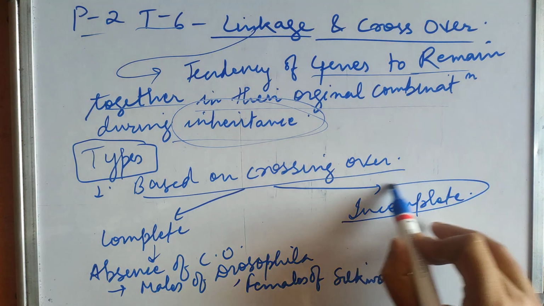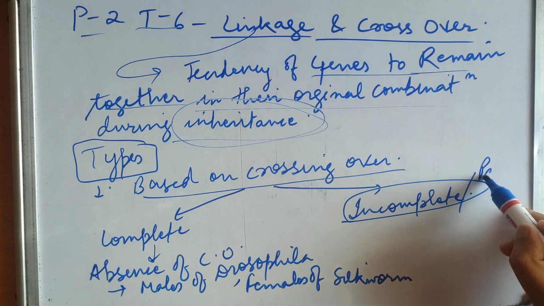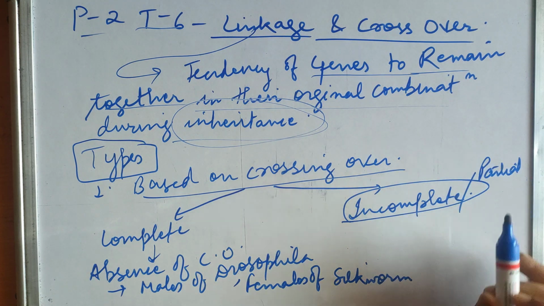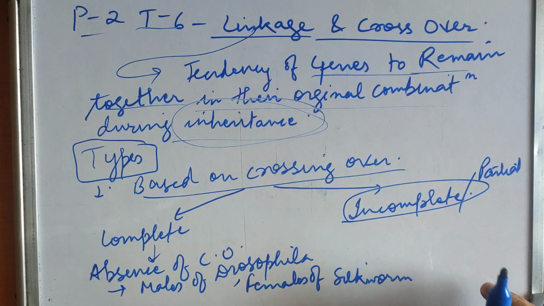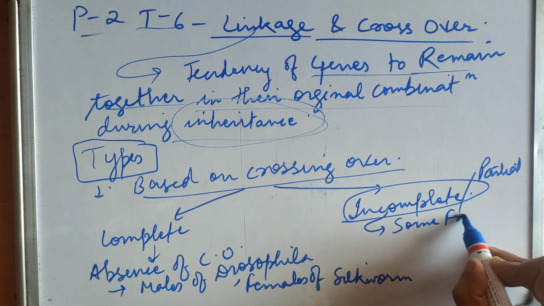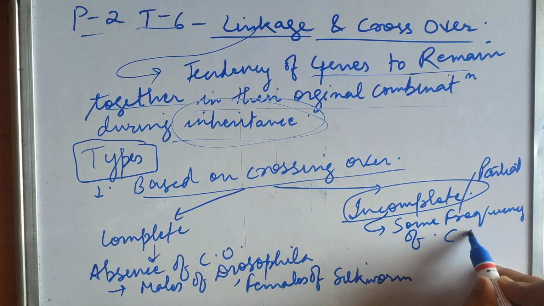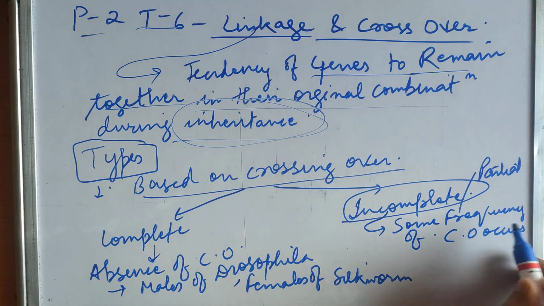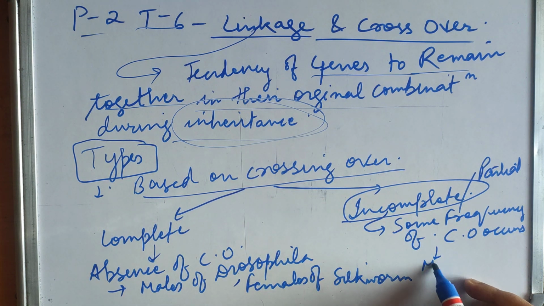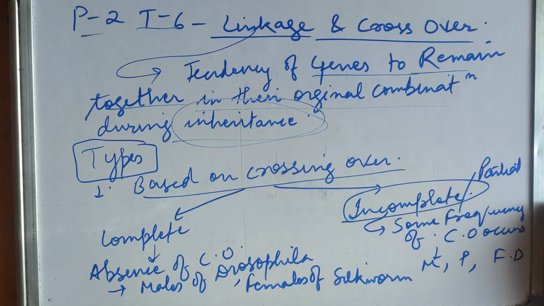Whereas in incomplete linkage, also called partial linkage, some frequency of crossing over occurs. It can be seen in maize, pea, female Drosophila, etc.